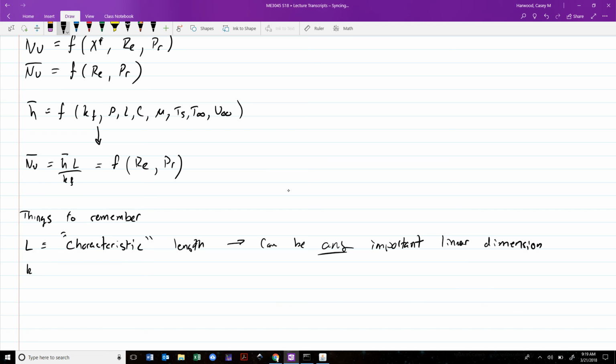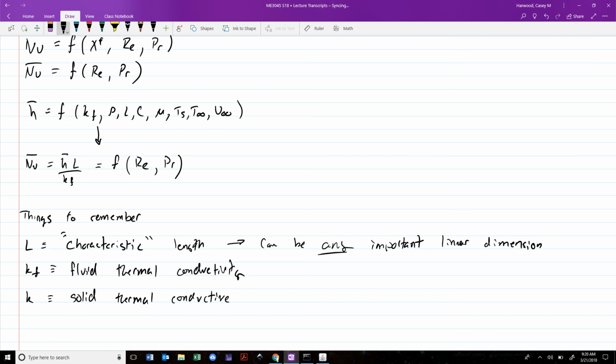And I want you to remain cognizant of the difference between Kf and just K. Kf, remember, is our fluid thermal conductivity, and K is our solid thermal conductivity. So if we have a fluid flowing past some solid object, Kf and K are not the same thing. They're both thermal conductivities, but one is for the fluid and one's for the solid.